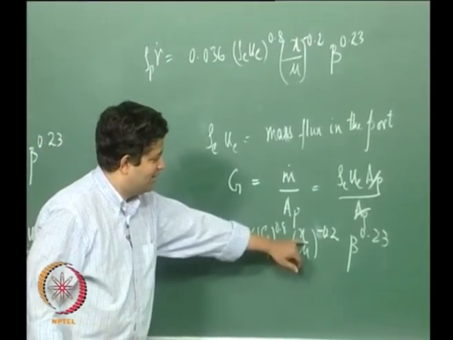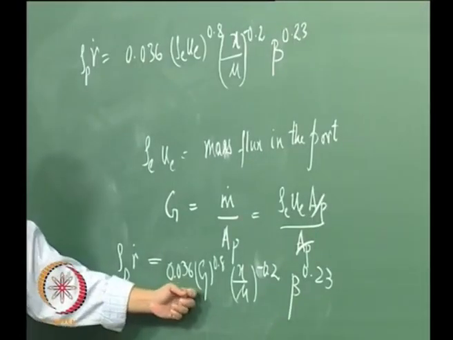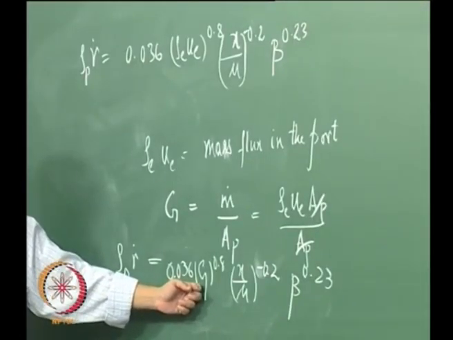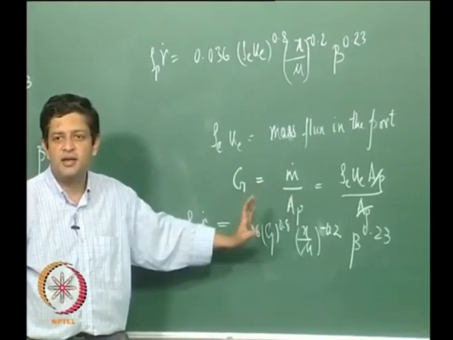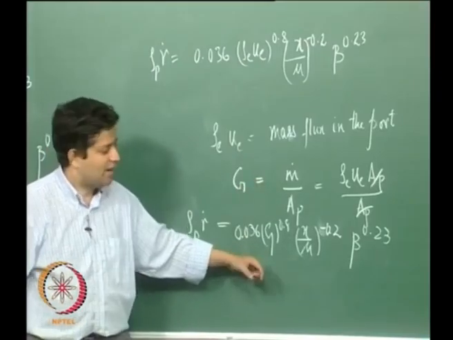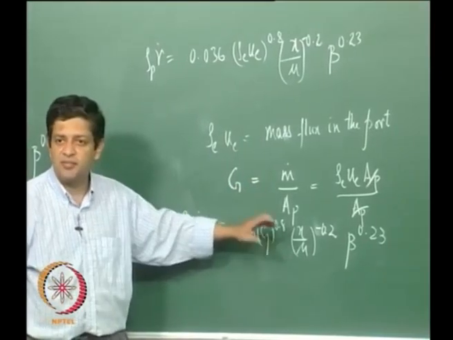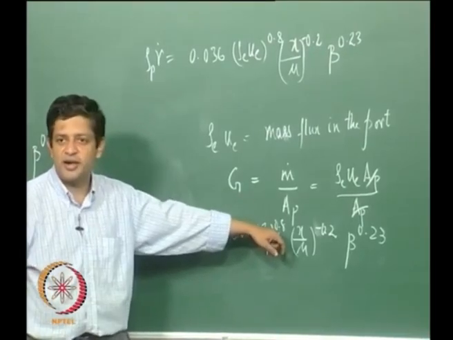If you look at this, yes, you are saying that, but you are forgetting that there is a greater dependence on G. As you move from the head end of the port to the nozzle end, there is continuous mass addition, and this is increasing from head end to nozzle end, and this is raised to a power of 0.8.